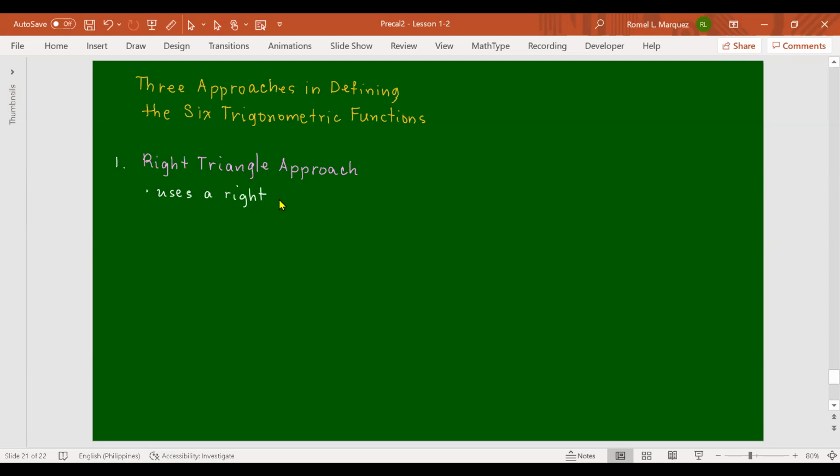A right triangle in defining the 6 trigonometric functions.